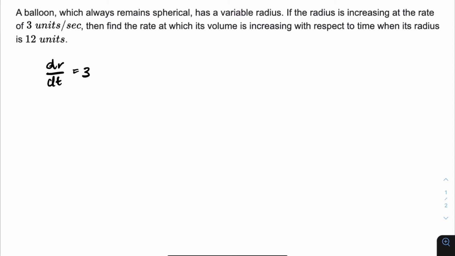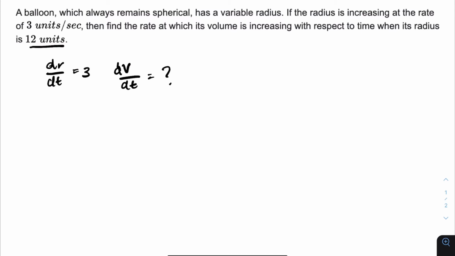But we are also given that we're meant to find the rate at which its volume is increasing with respect to time. With respect to time means it's over dt. But it's asking for the rate at which its volume is increasing, so they want us to find dv over dt. But that's all we've been given, apart from the fact that we need to do it at 12 units, which isn't relevant right now.